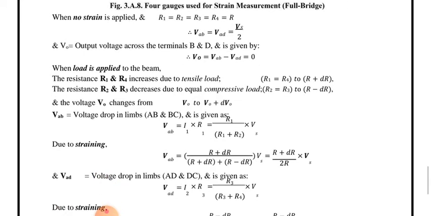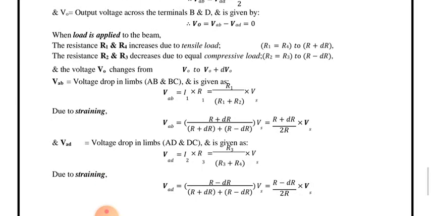Commonly it is written as R1 upon R1 plus R2 into Vs. Due to the straining condition, VAB equals R plus dR upon R plus dR plus R minus dR into Vs. The minus dR and plus dR will get cancelled, so it equals R plus dR upon 2R into Vs.